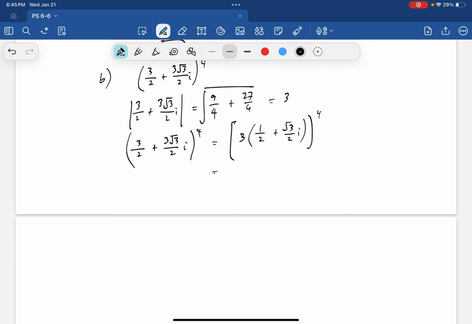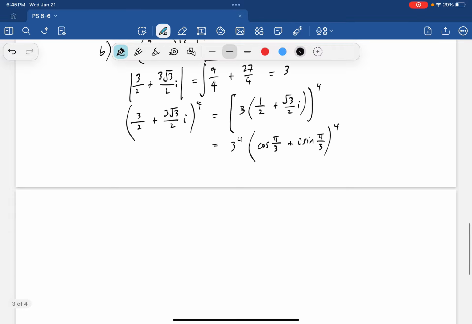We can simplify this as 3 to the 4th, and then write this in trigonometric form, which is cosine pi over 3 plus i sine pi over 3 to the power 4. And then we can apply de Moivre's theorem to the second term, which yields cosine 4 pi over 3 plus i sine 4 pi over 3.